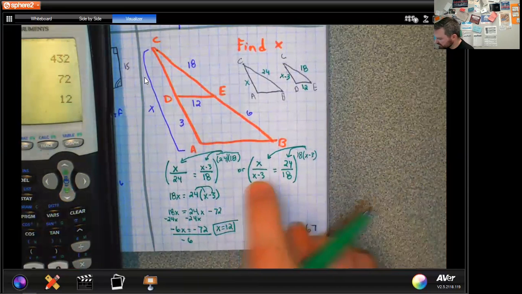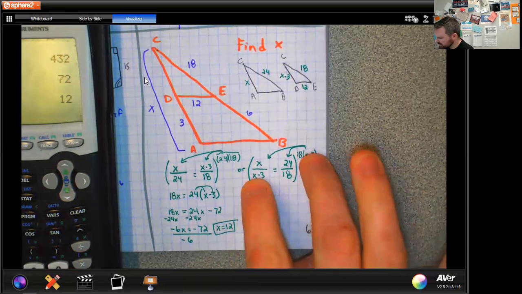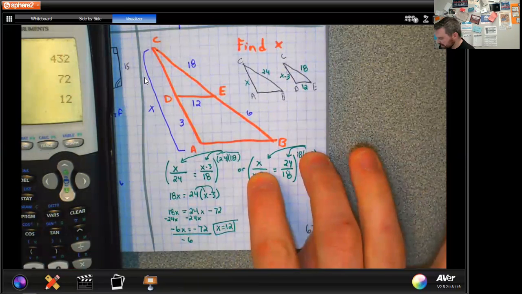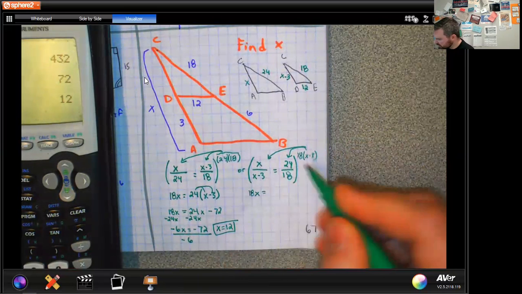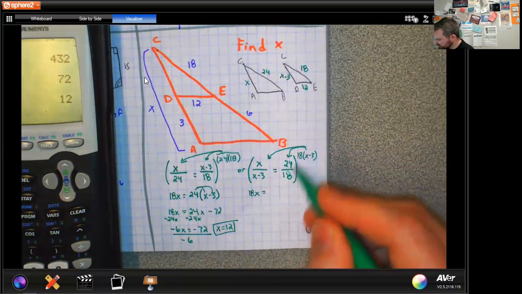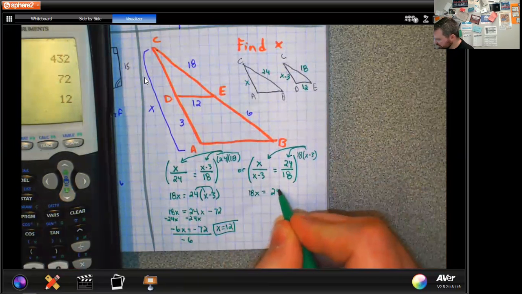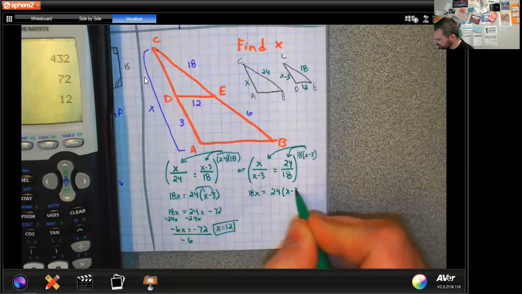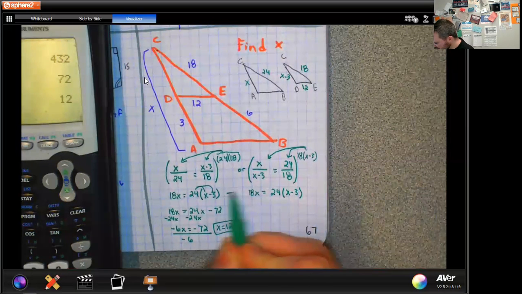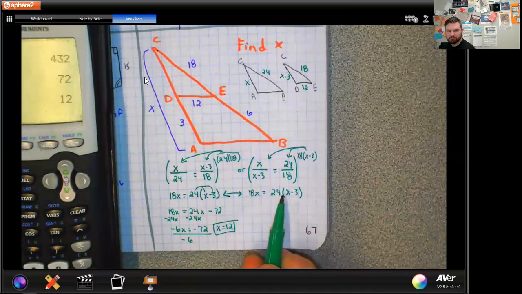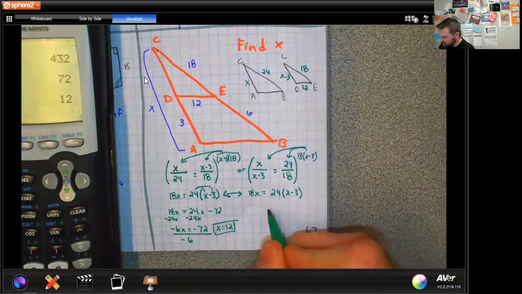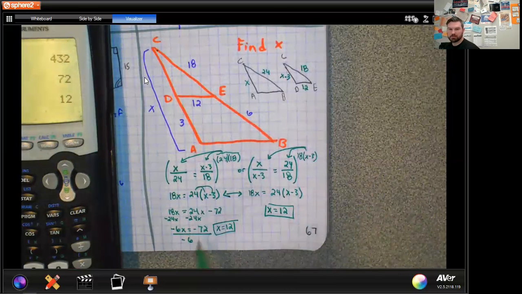Your x minus 3s will cancel, and you'll get 18 times x equals, here, your 18s are going to cancel, and you get 24 times x minus 3. Now, if you notice, these two steps are the exact same. So in the end, I'm still going to get 12 by going through this process. So we can kind of skip that process.